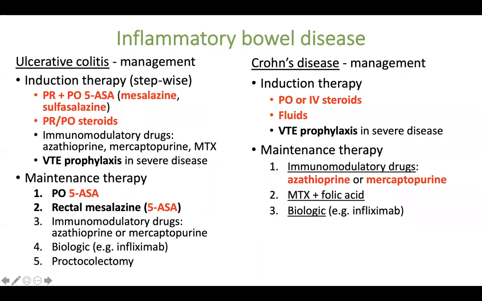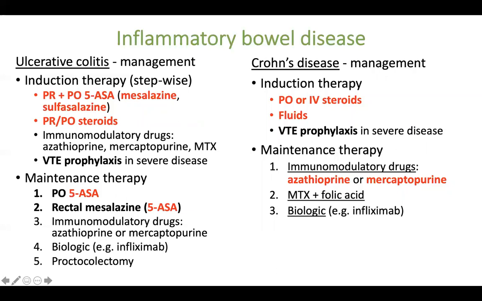So UC and Crohn's management is kind of similar in that with the maintenance, if you look from here onwards, you have immunomodulatory, with methotrexate is one of them as well, and biologics. But in terms of UC, you use 5-ASAs as the first line therapy for induction as well as for maintenance, and then the rest is very similar to Crohn's.